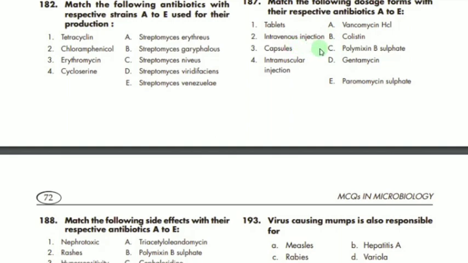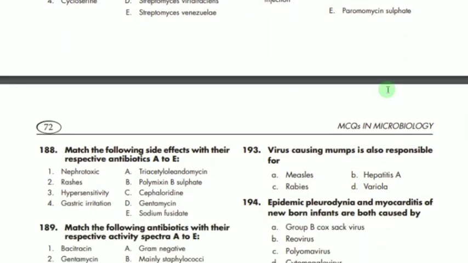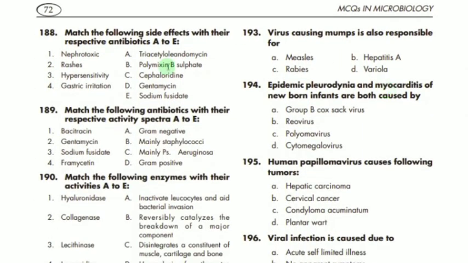For intravenous injection, vancomycin HCl is the correct option. Capsule. Capsule is mostly paromomycin sulfate.